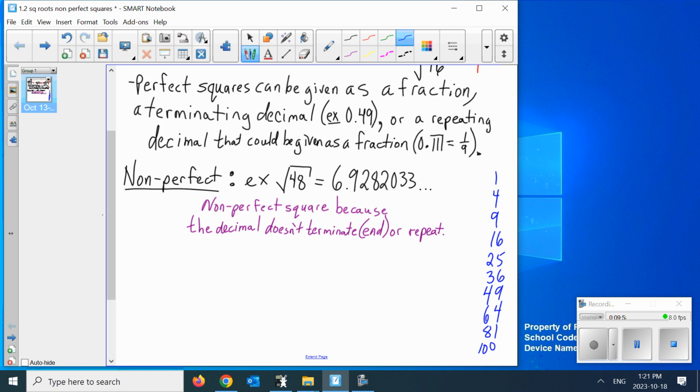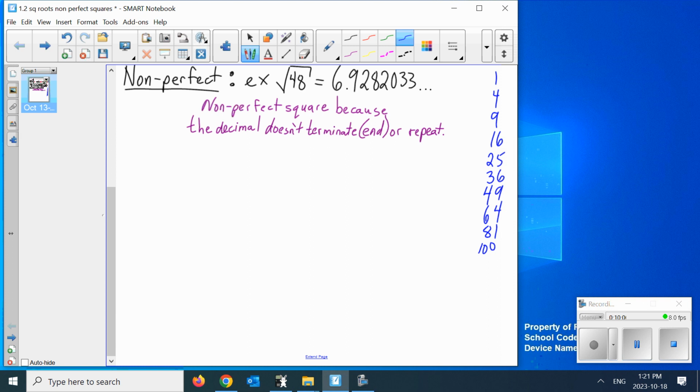We need benchmarks. We're going to show it on a number line. And you're going to do that on evaluations with me. So practice.